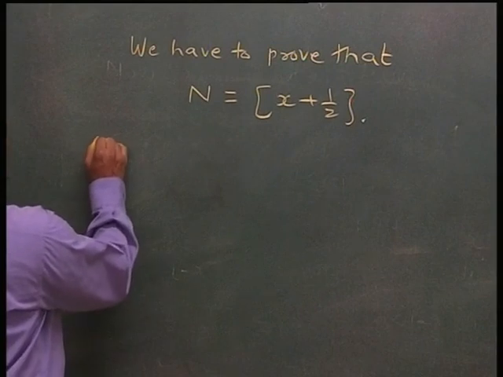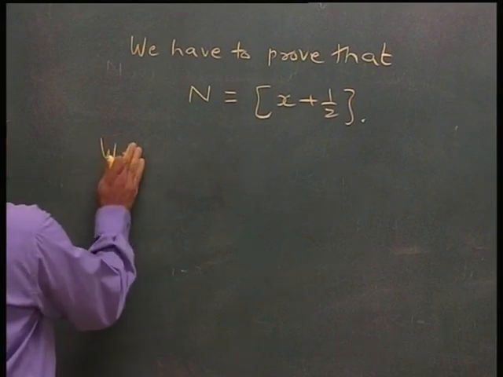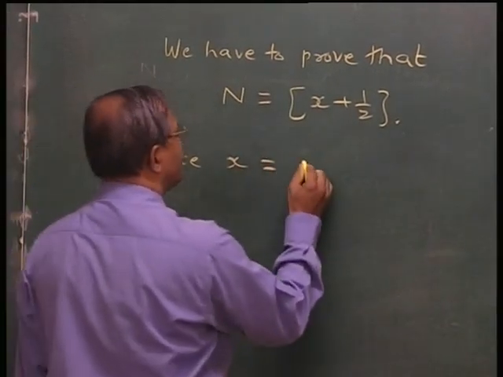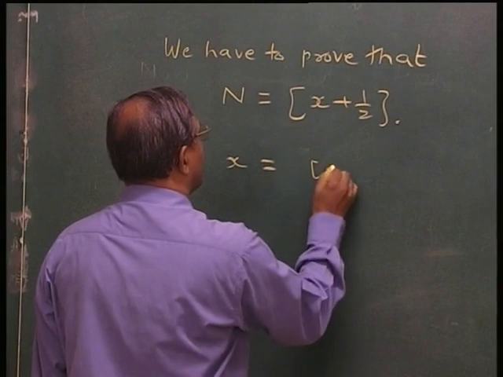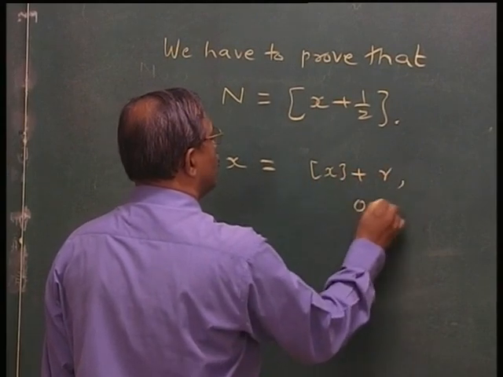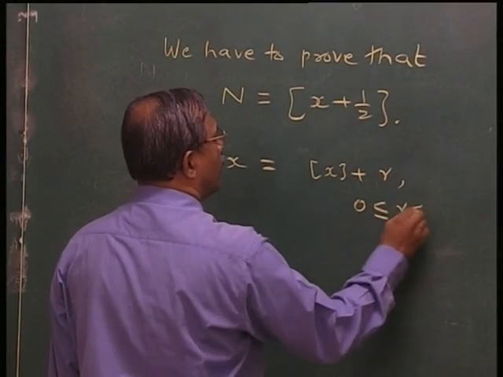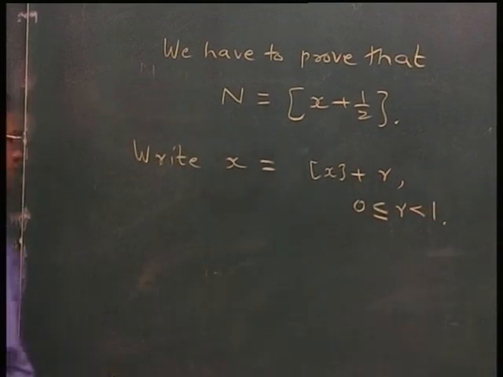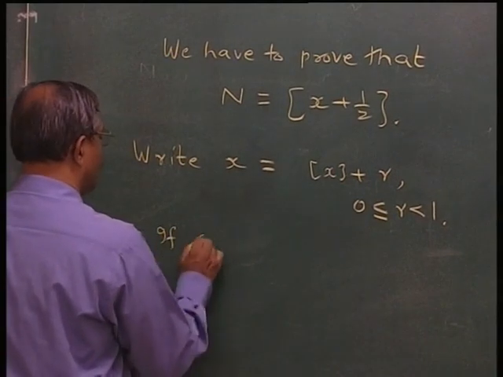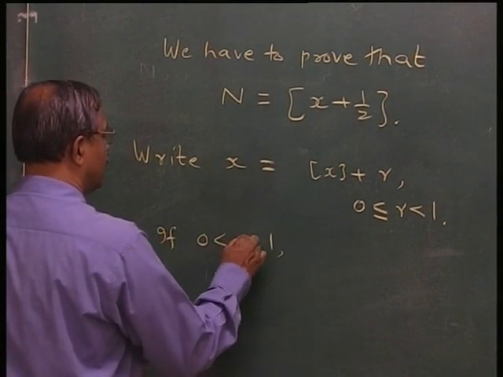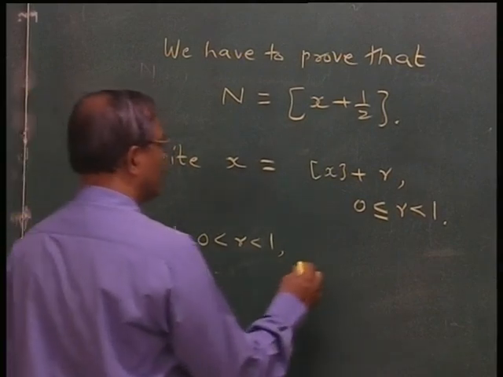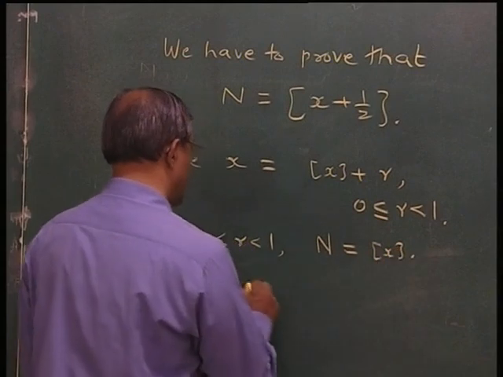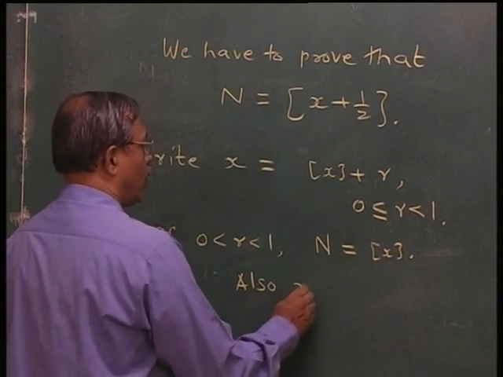So we make various possibilities. Write x equal to the integral part of x plus r, 0 less than or equal to r less than 1. And we make various cases. If 0 less than r less than 1, the nearest integer n is equal to the integral part of x.